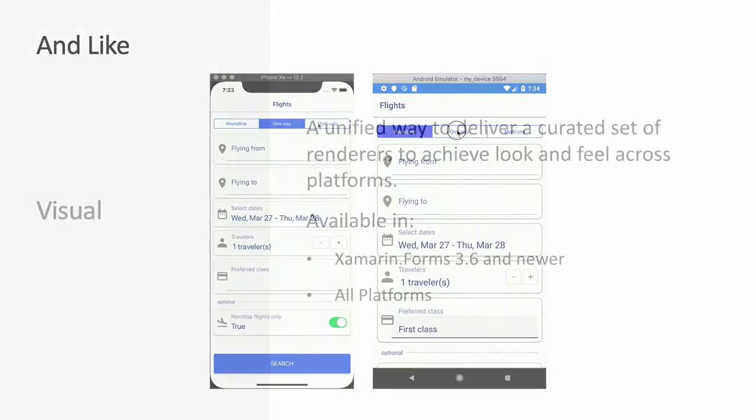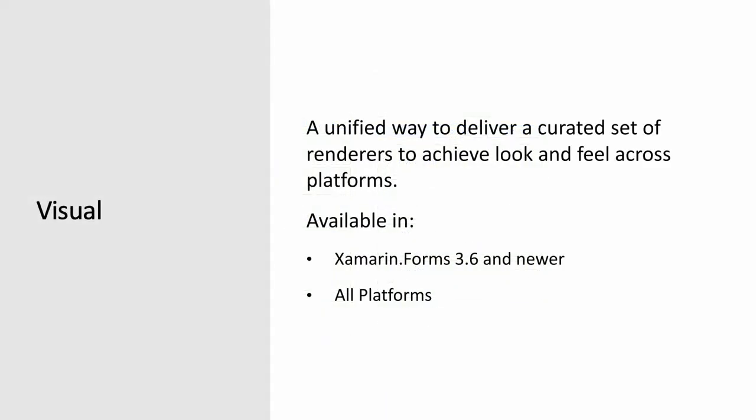It's a flight example. So here's the way in which we are enabling you to create better looking apps. We have introduced a new API called Visual. And what Visual does is it allows you to package renderers. Renderers are what you actually see on iOS and Android, right?